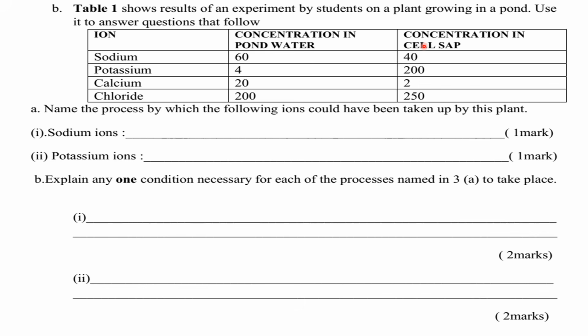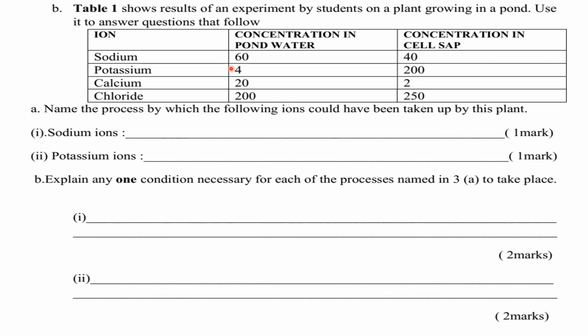And the cell sap has less sodium. In other words, the concentration of sodium in the pond water is greater than in the cell.